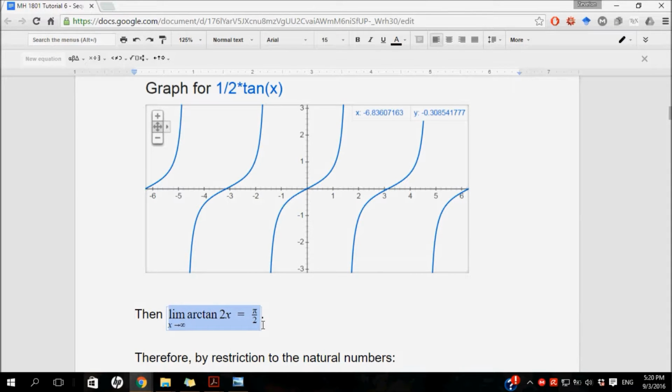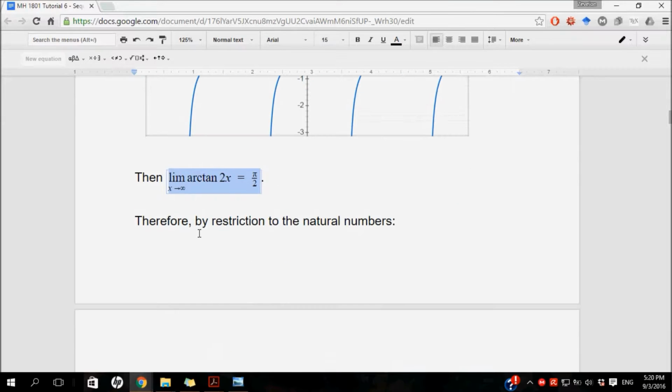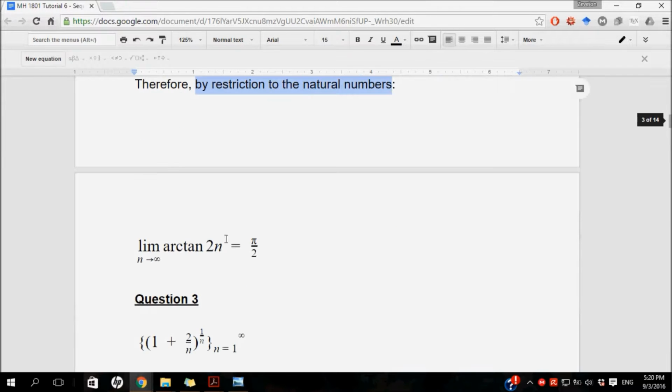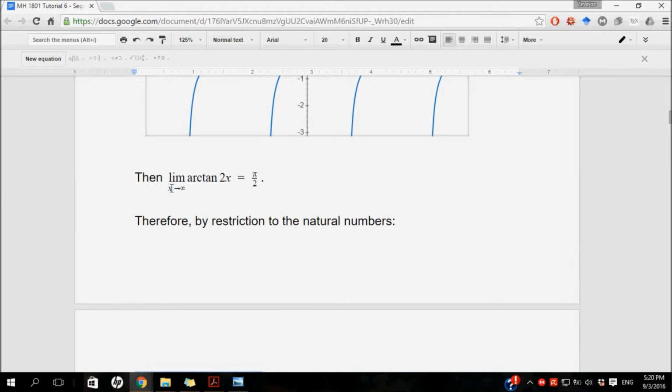Consequently, by restricting our function arctangent of 2x to the natural numbers, taking the limit as n tends towards infinity is contained in the case when you are taking x towards infinity, because in this case all the natural numbers are also going to appear.